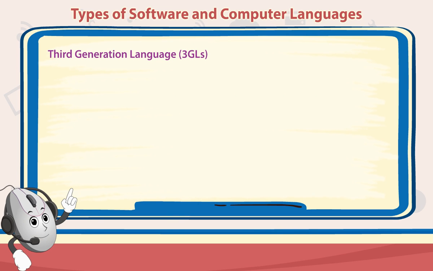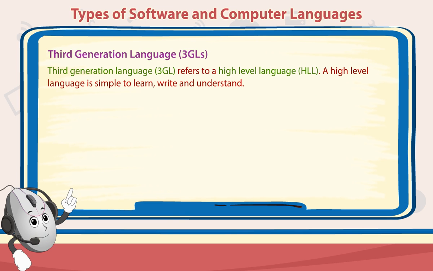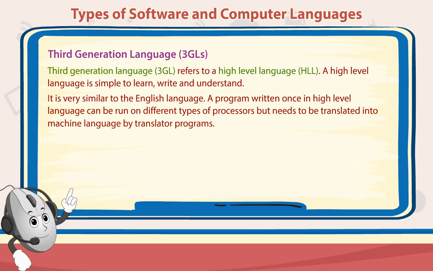Third generation language, 3GLs. Third generation language, 3GL, refers to a high-level language, HLL. A high-level language is simple to learn, write and understand. It is very similar to the English language.